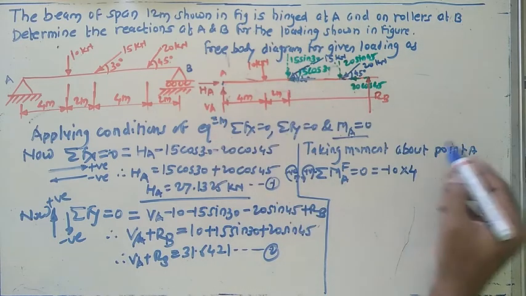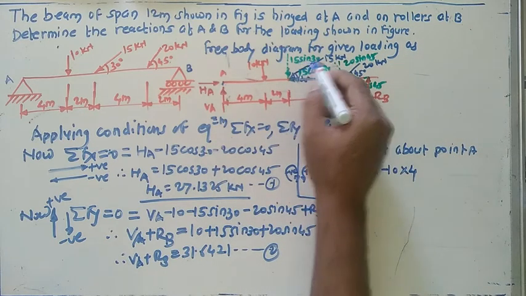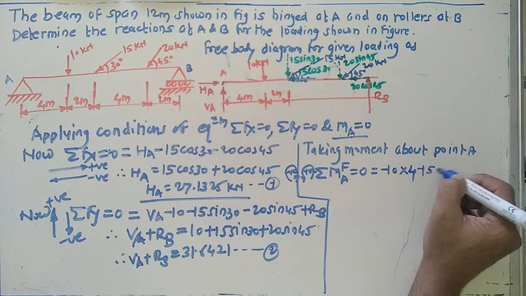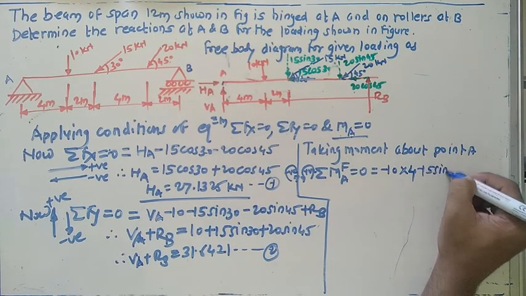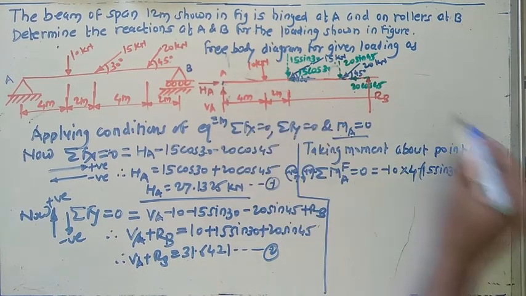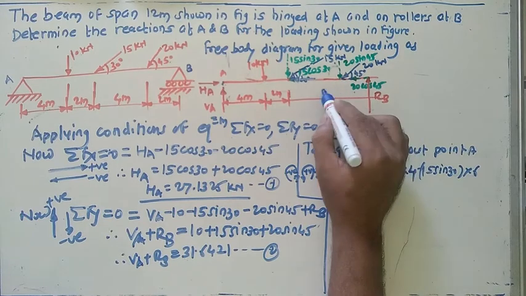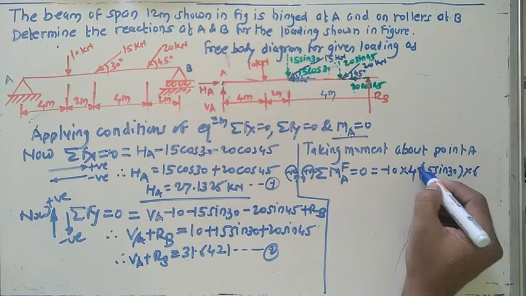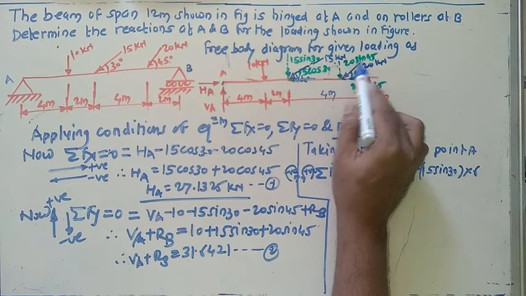Next one is 15 sin of 30. Its tendency to turn about this point is again clockwise. 15 sin of 30 multiplied by the distance, which is 6.